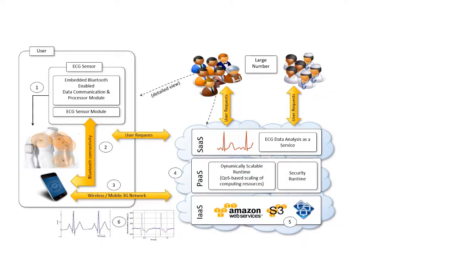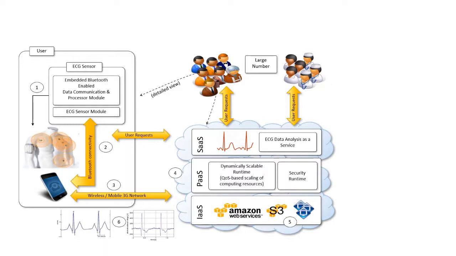The diagram shown in the slide has wearable computing devices equipped with ECG sensors that constantly monitor the patient's heartbeat. Such information is transmitted to the patient's mobile device, which will eventually forward it to the cloud-hosted web service for analysis.